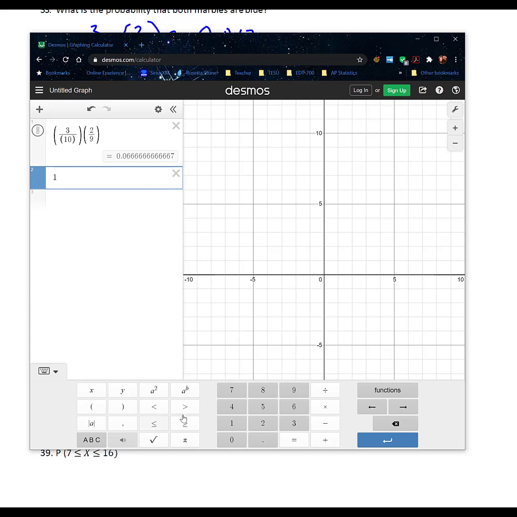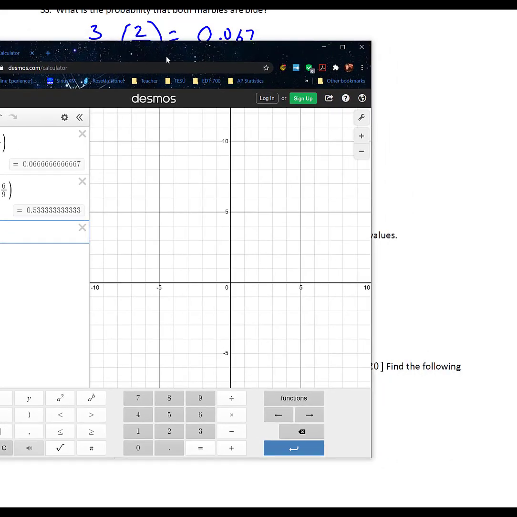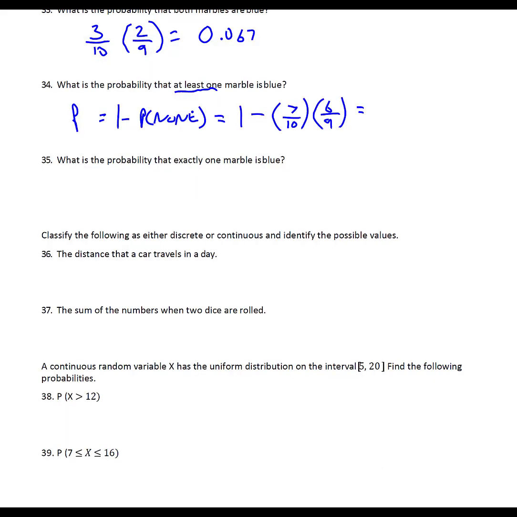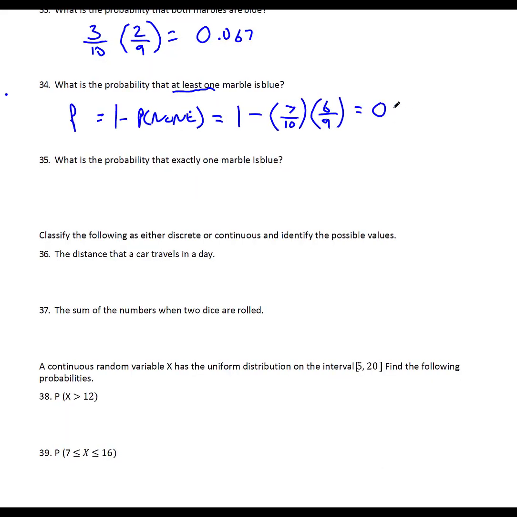I need 1 minus, and then in parentheses, let's take 7 divided by 10 times 6 divided by 9. And we should get 0.53. So let's go 0.53.